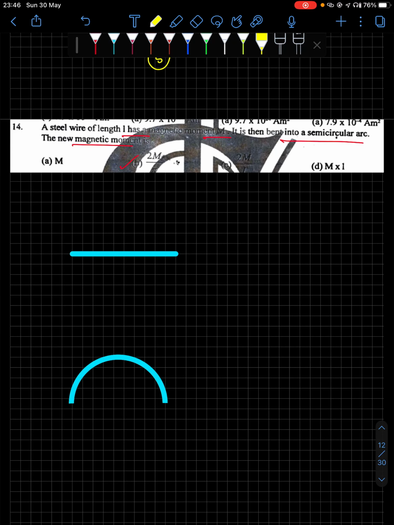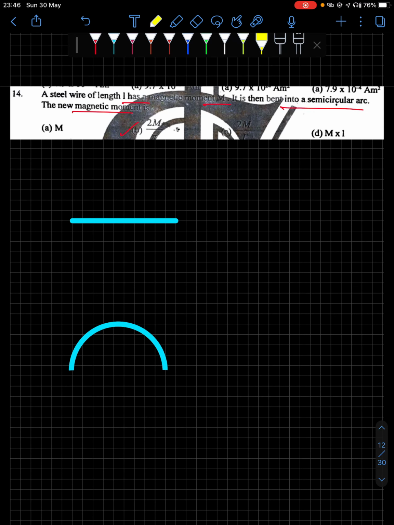Next, number 14. Now you have a wire of length L, and this has a magnetic moment M. Now it is then bent into a semicircular arc. The new magnetic moment is what?